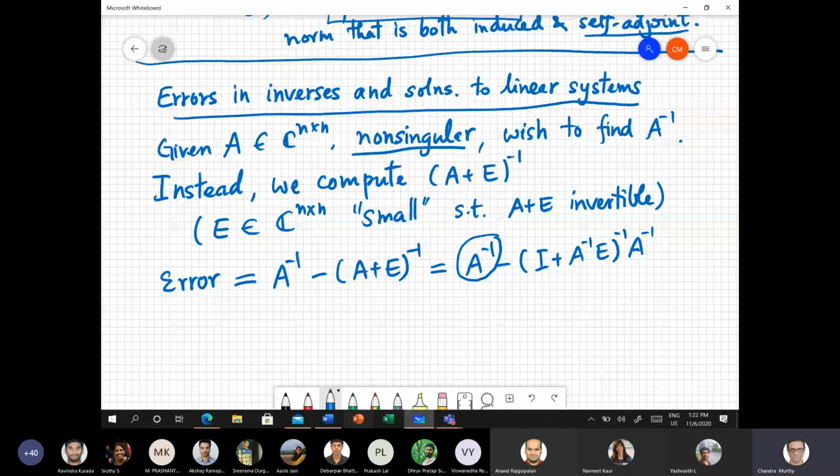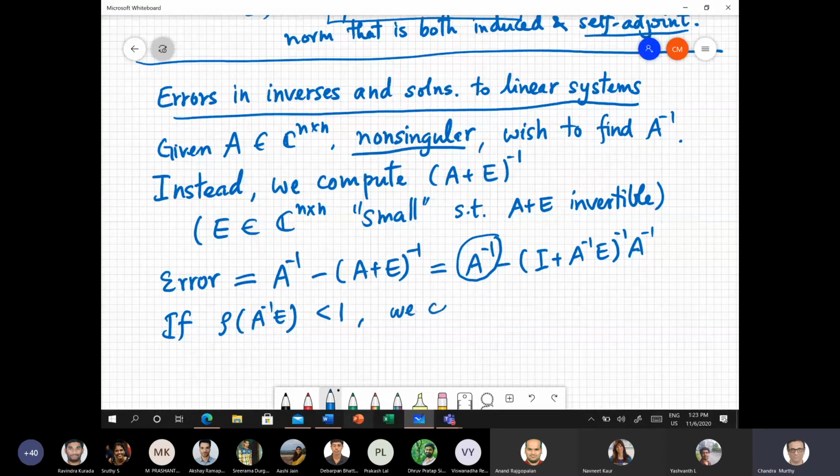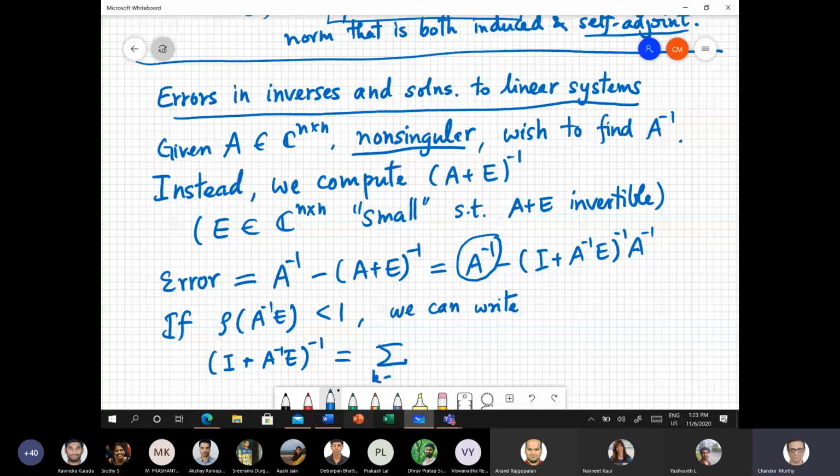Now, what we've seen is that if the spectral radius of A inverse E is less than 1, then we can write (I plus A inverse E) inverse as a series, sigma k equal to 0 to infinity, (minus 1) power k, (A inverse E) power k.